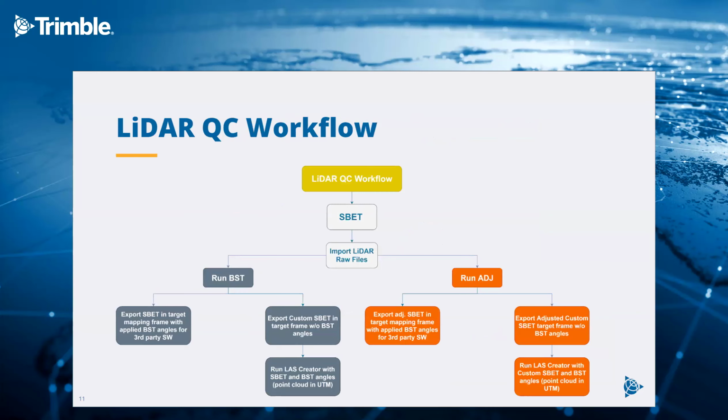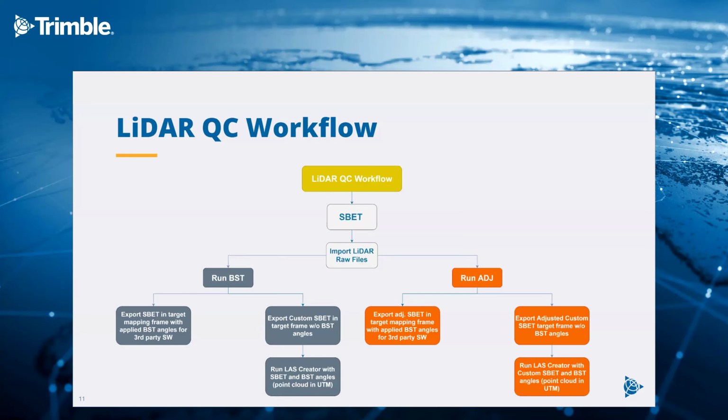So here's the workflow given in a diagram. What we need for LiDAR QC is ideally the aspect file, which is the smooth path estimate of trajectory. You can also input an RTK corrected trajectory or an RTX corrected trajectory, and then load your raw LiDAR data into LiDAR QC.